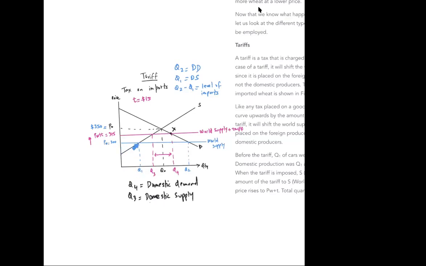Whoever is competitive at 300, 0 to Q1, were able to sell. But when the price becomes 315, more producers become competitive. These Q3 minus Q1 are the producers who become competitive because the price is now better. Does that make sense? You need to remember that.